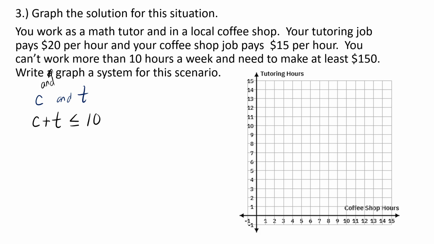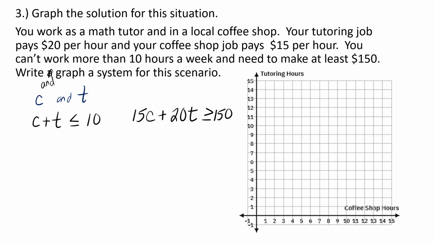So the amount of money you make at your coffee shop job would be 15 times however many hours that is. And you're going to add to that $20 times however many hours you spend tutoring. And you want that money to be greater than or equal to $150. So there's the system of inequalities.